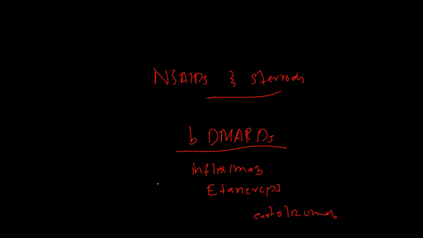So you can use infliximab, etanercept, or certolizumab if the patient has an inadequate response to methotrexate and other DMARDs. You need to follow up the patient every 3 to 6 months. And once the inflammation has settled down, you can follow up the patient every 6 to 12 months.